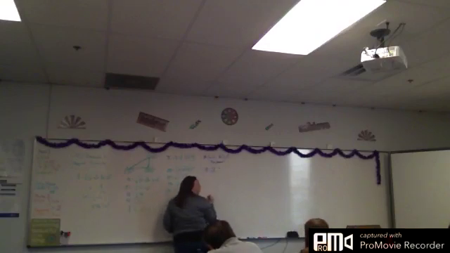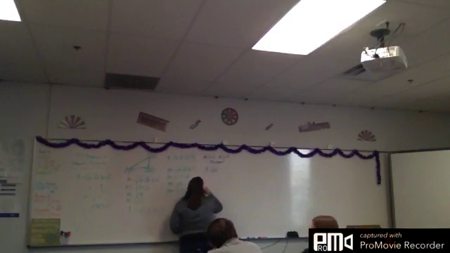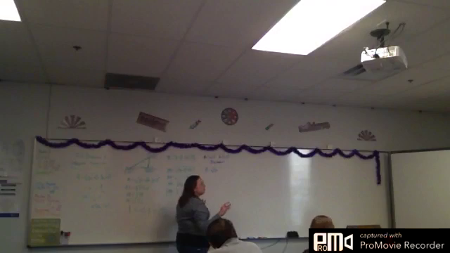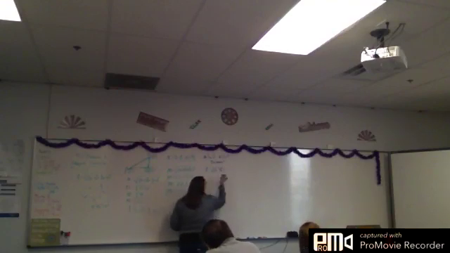Okay, give me those points. 6 minus what? 5. And then you're saying square it. Okay, and then what here?